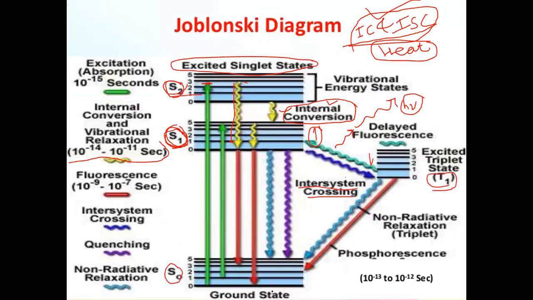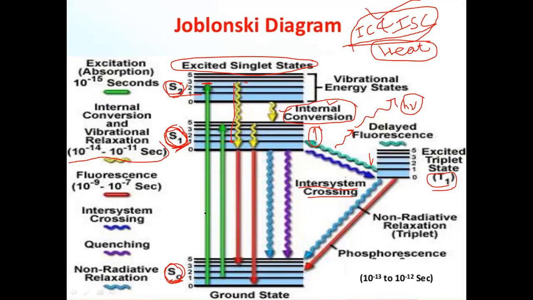Let me see here. When the ground state electron moves from the ground state energy level to the excited energy level, and from the excited energy level it loses energy and comes back to the ground state. Here, this is the green arrow.